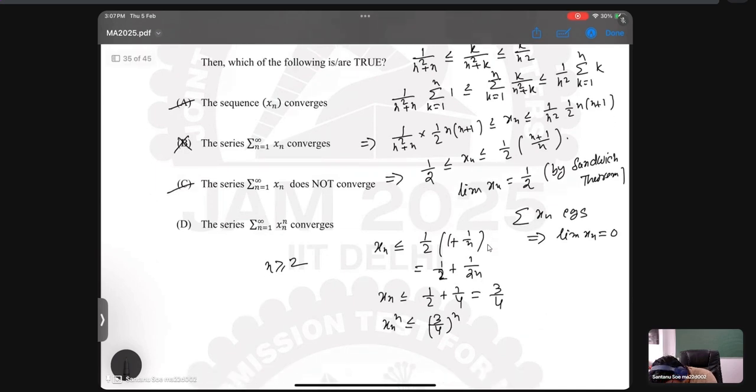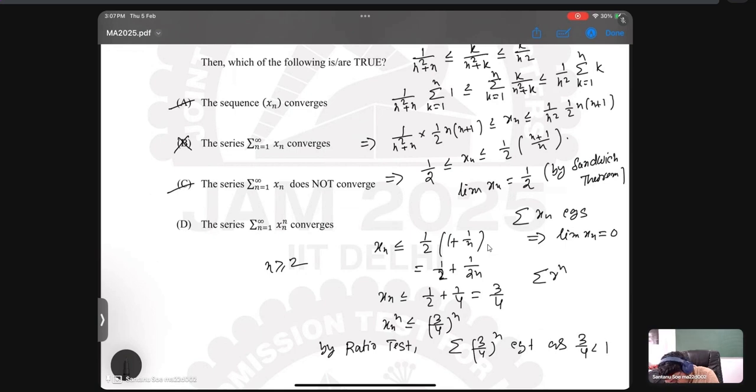Now by ratio test, we can see that summation 3 by 4 to the power n converges, as 3 by 4 is less than 1, because this is a geometric series, and the geometric series summation r to the power n converges as long as r is less than 1.